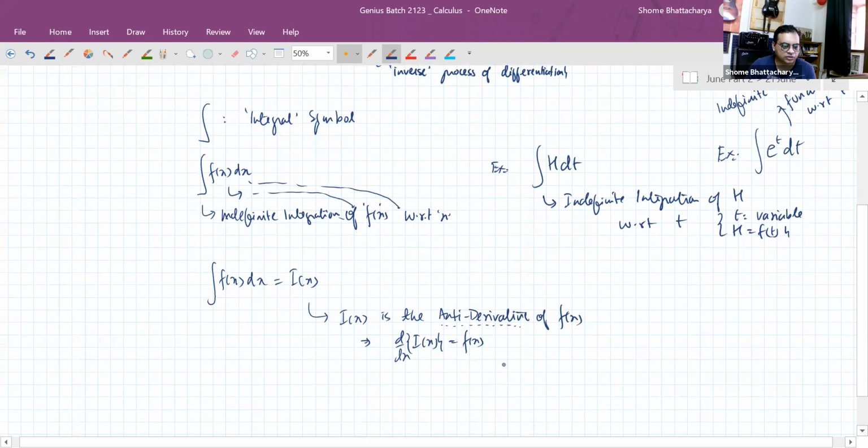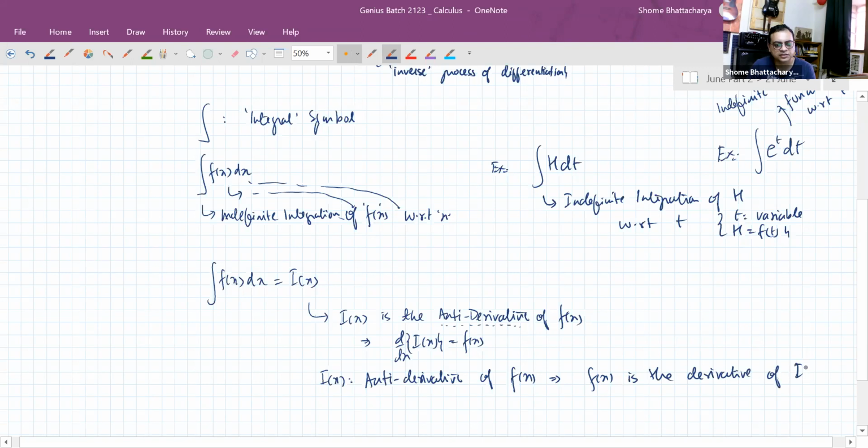Okay, so what this also means, in other words, is that I(x), which is the antiderivative of f(x), means that f(x) is the derivative of I(x).